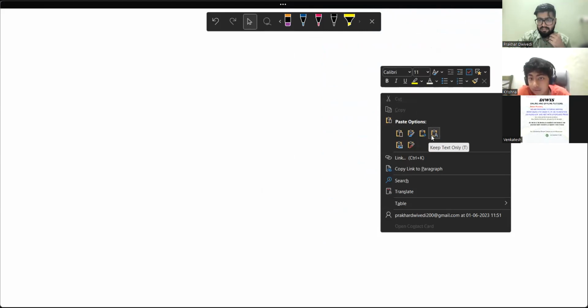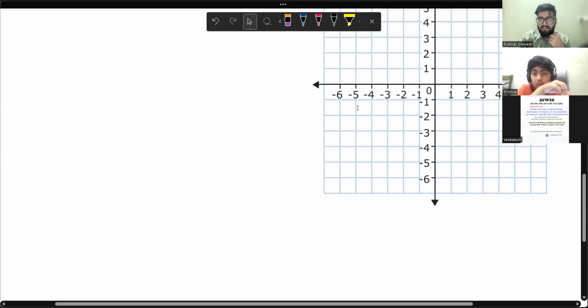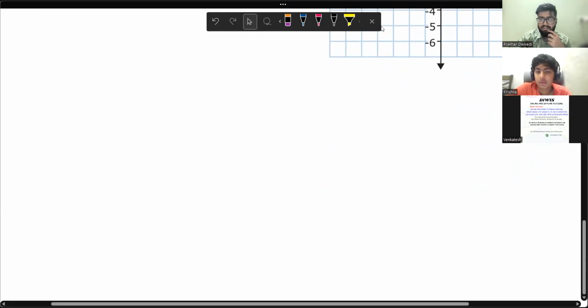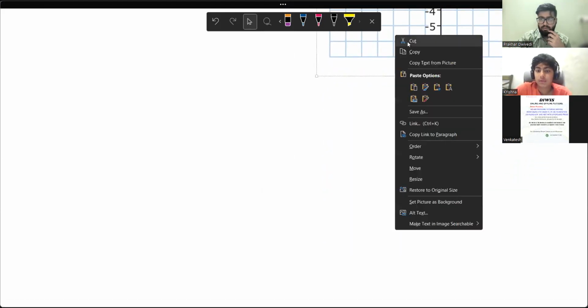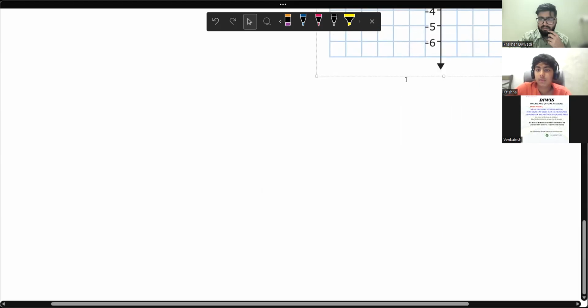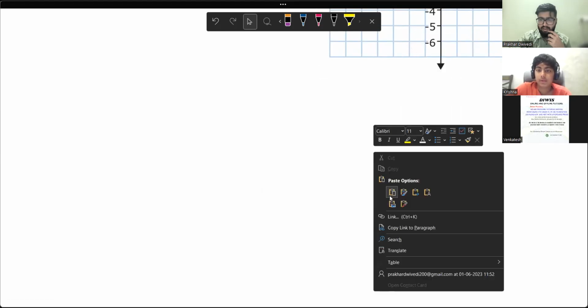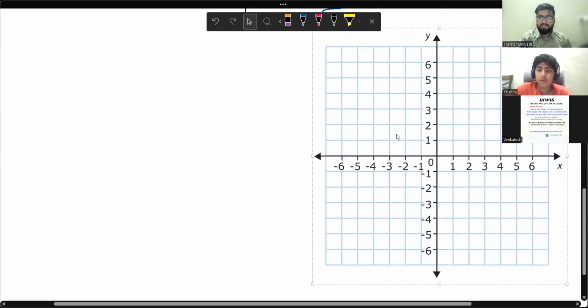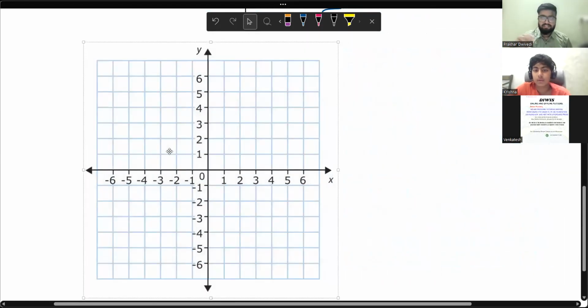You need to click on the one with the paste image, just down. No, it's not working. Did you copy the graph? Yes, I copied it from here only. Let's suppose I'm copying this, and now I'm pasting it with the picture. There must be some issue. Leave it, we'll see it afterwards.